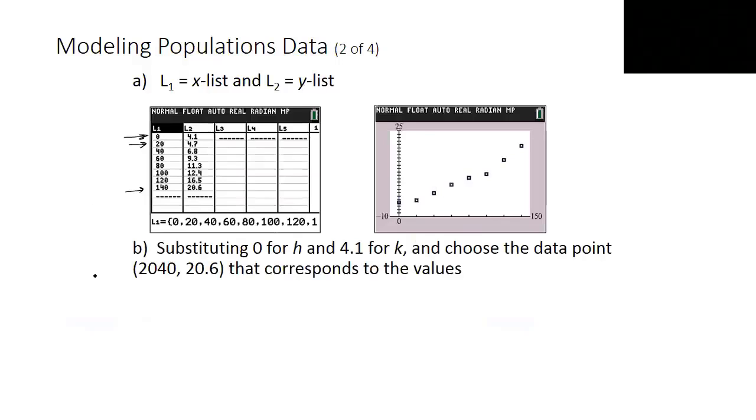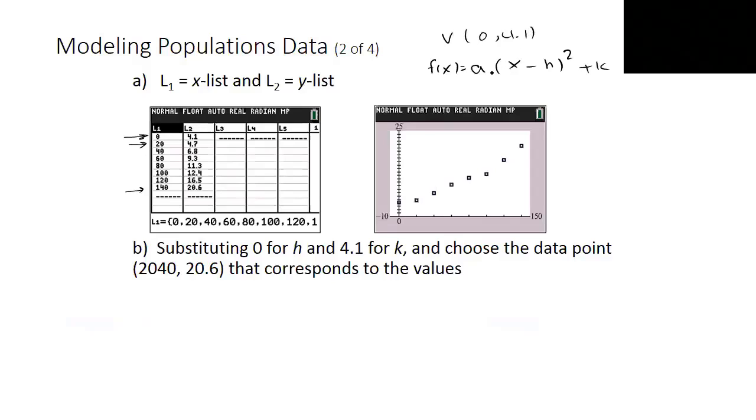For part B, it says find a quadratic function f of x. Remember, the general equation of the quadratic function is f of x equals a times x minus h squared plus k, that models the data by using the vertex equal to 0 and 4.1, which is all given to us.